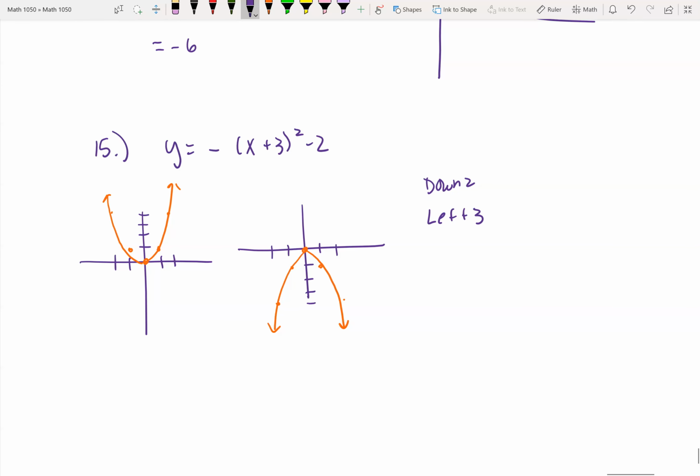So I'm going to take that graph, and I'm going to go down 2, left 3, there it is. Normal stretch, right 1 down 1, left 1 down 1, right 2 down 4, left 2 down 4. Looks like that. Okay, that's all they want.